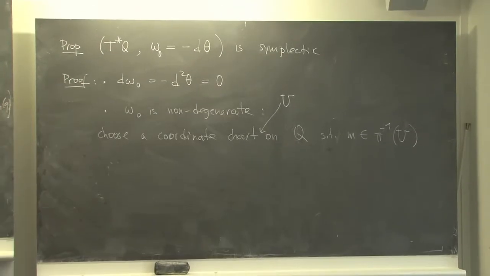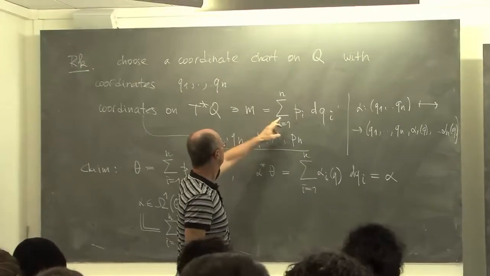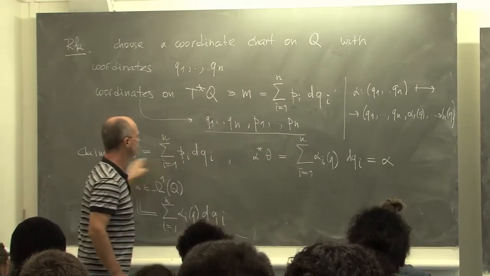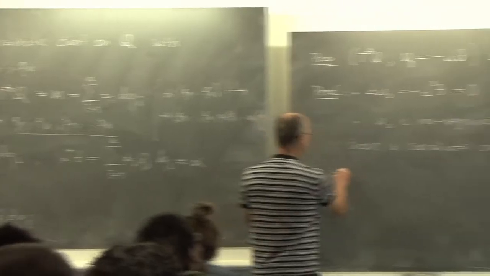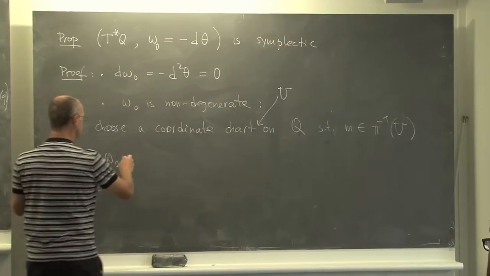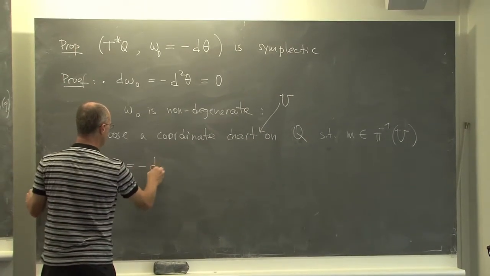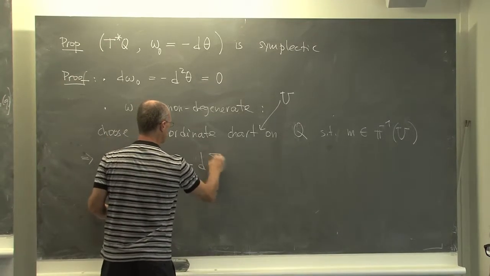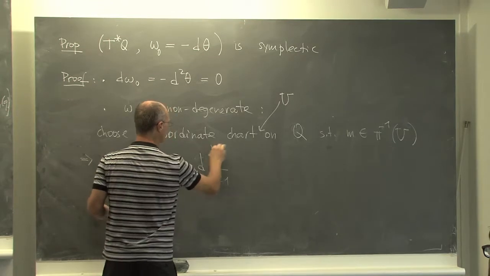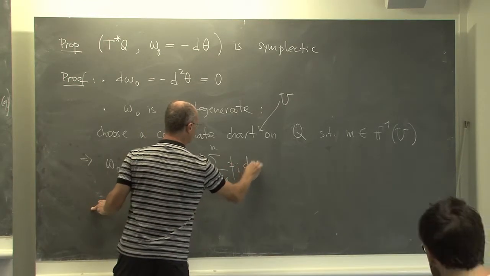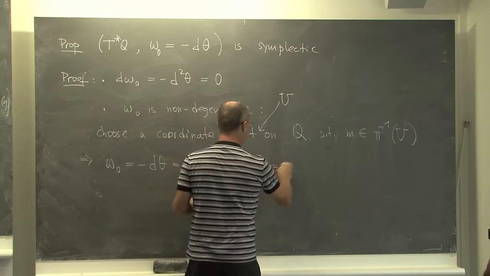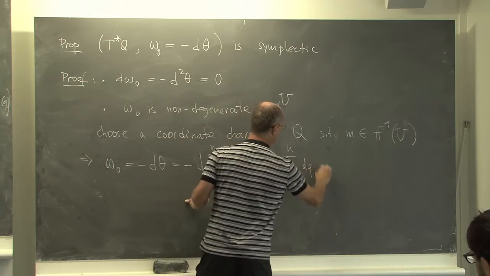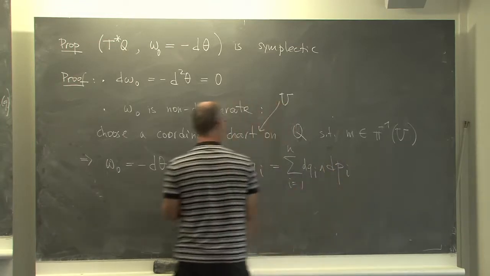Then you know that theta is of this form. So omega_0 in the corresponding coordinate system is minus d theta, which is minus d of the sum from 1 to n of p_i dq_i, and this is equal to the sum from 1 to n of dq_i wedge dp_i.